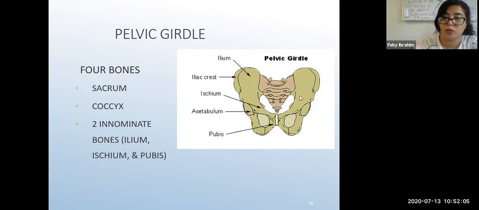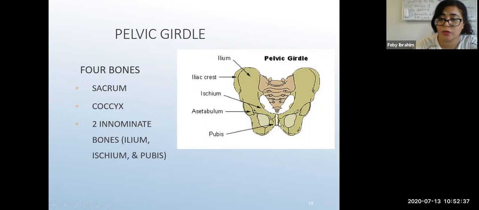So these form the posterior wall of the pelvis, and we have two innominate bones, which are like these two wings, like these hip bones. They are made up of a fusion of ilium, ischium, and pubis.